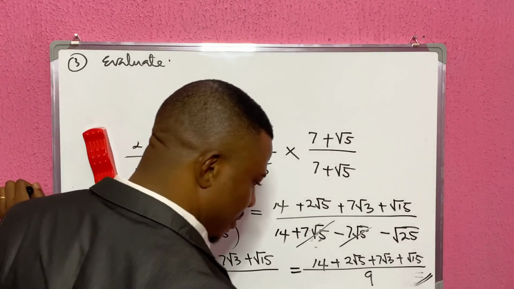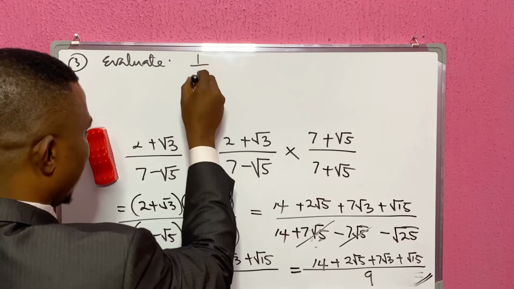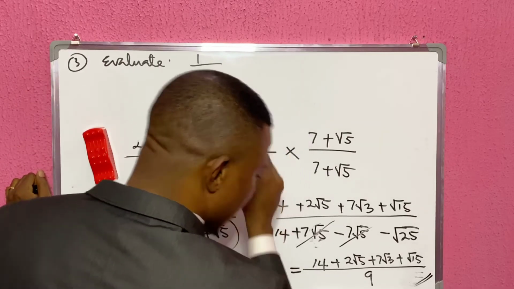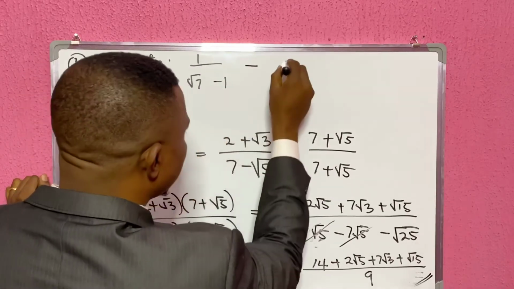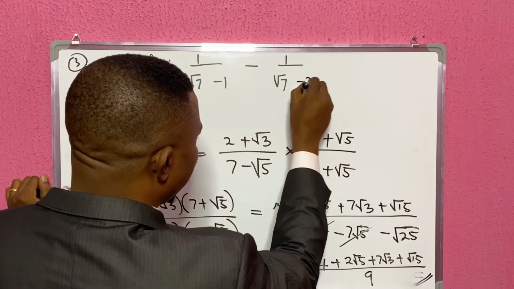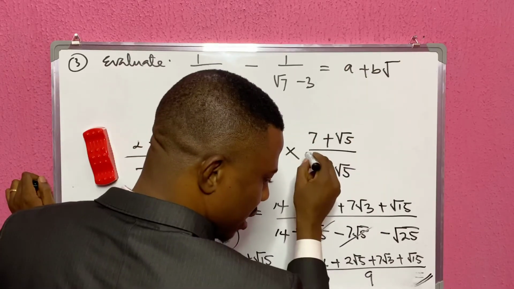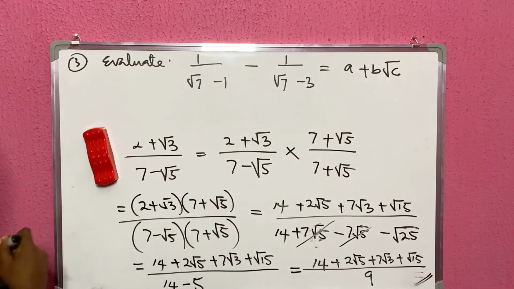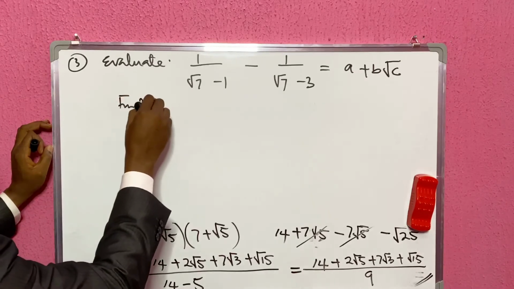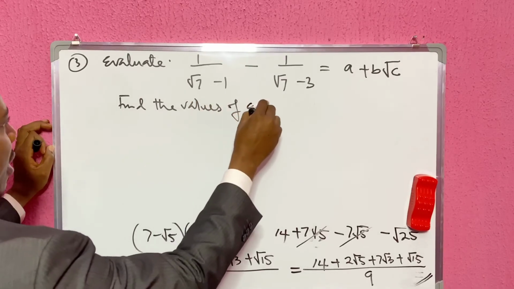Evaluate 1 over root 7 minus 1, minus 1 over root 7 minus 3, is equal to a plus b root c. Find the values of a, b, c.